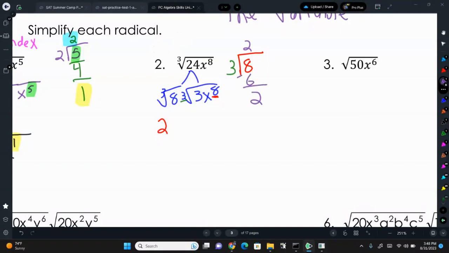Subtract, our remainder is 2. So we're going to have x squared come out because our quotient is 2, but left on the inside of our cube root is going to be 3x squared because our remainder was 2. And that would be our simplified radical form.